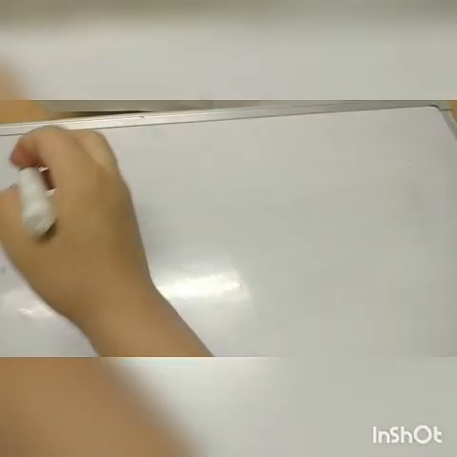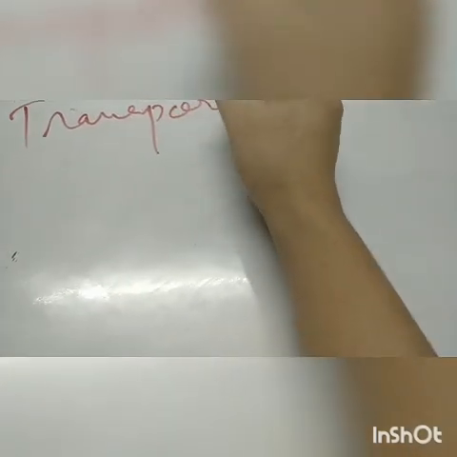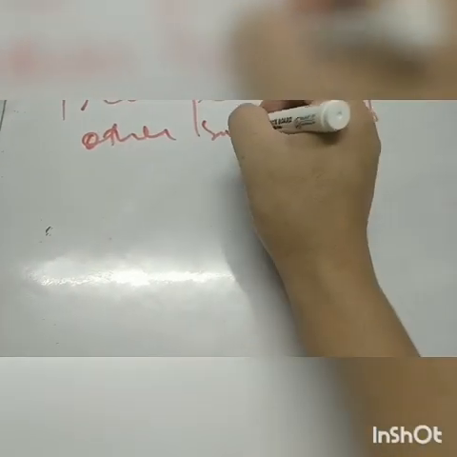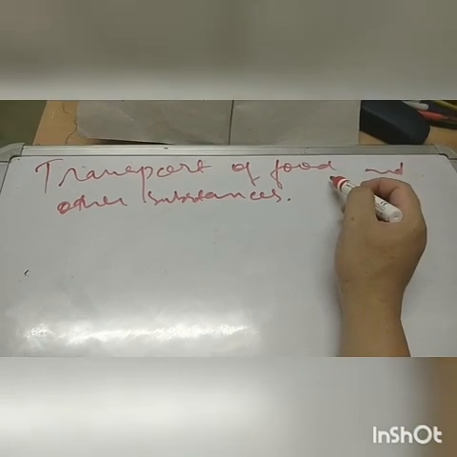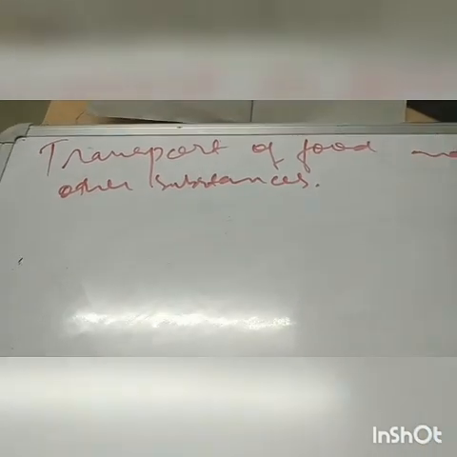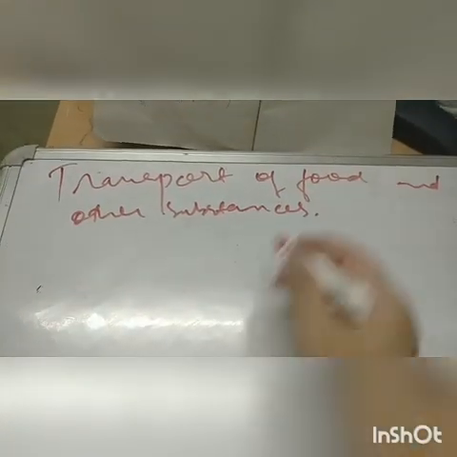Now we will see transport of food and other substances. Here food refers to the glucose, sucrose, which is formed as a result of photosynthesis.